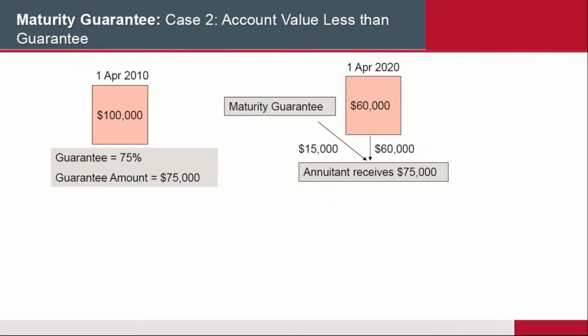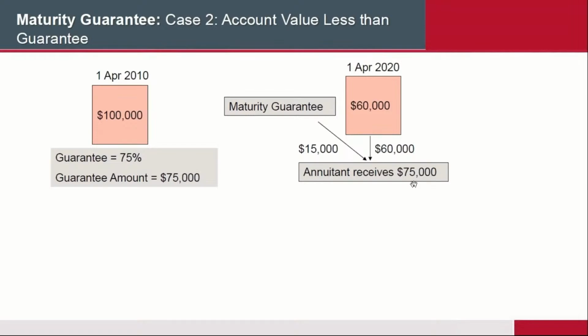On the other hand, what if it's the other way around, okay? So once again, you gave me $100,000 and all that, but April 1st, 2020, it rolls along, and your $100,000 is now only worth $60,000. Well, the maturity guarantee is $75,000, right?